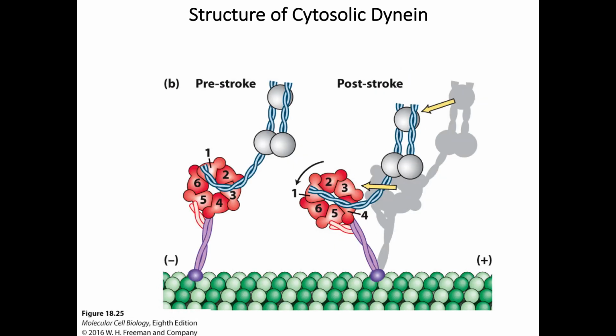So how does it move? Again, we are not going into the detail of the movement at all. Think about the whole complex, with the cargo at the top right here, and the complex right here in the gray area. Due to ATP hydrolysis, you have a rotation of this central wheel.